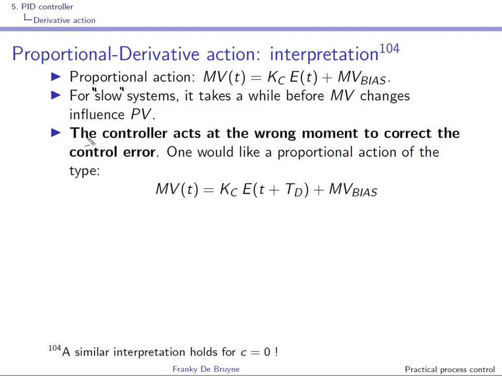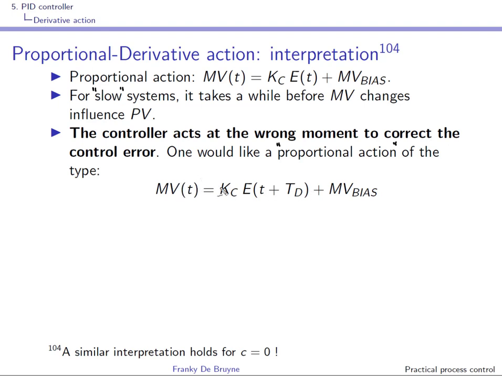So the controller acts at the wrong moment to correct the control error. So what we would like to use as a proportional action is something where MV looks at the error but in the future.